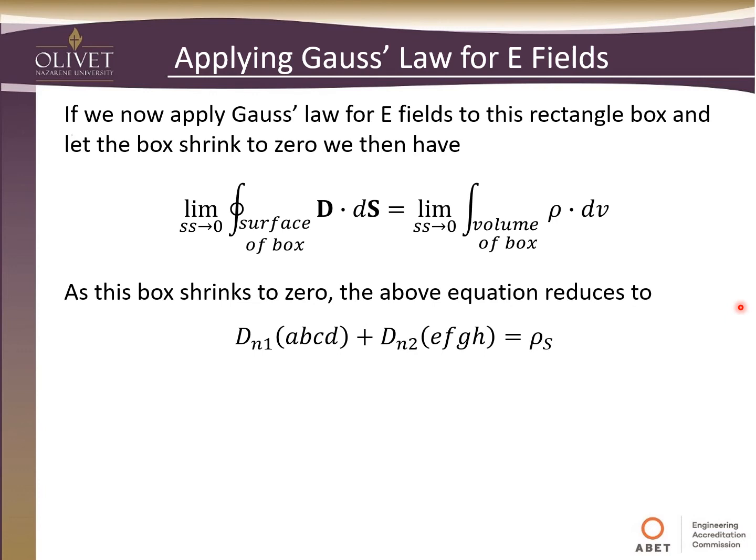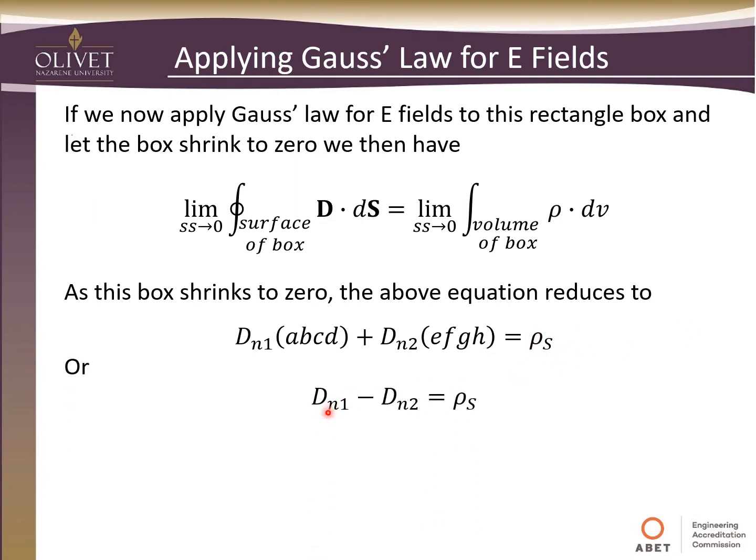As we let that happen, what we find out is that the normal component of our displacement vector in medium 1 and in medium 2, if we add those together, should equal the total amount of charge on the surface.